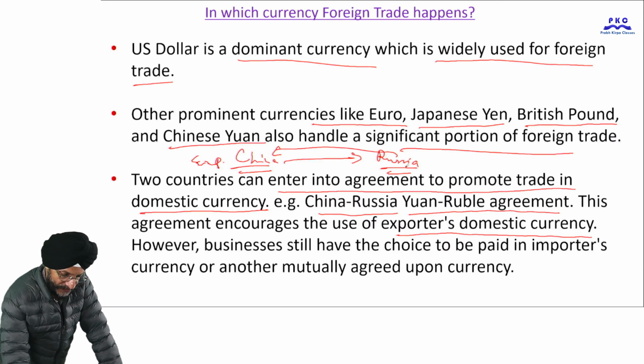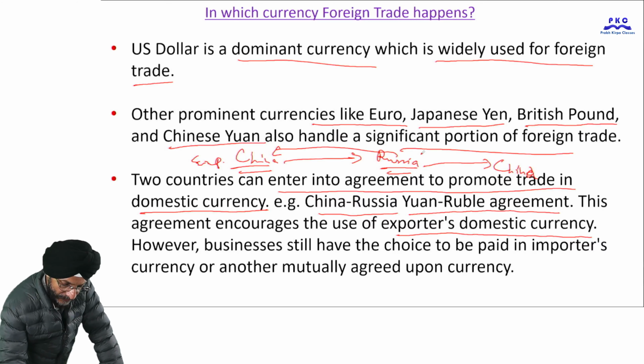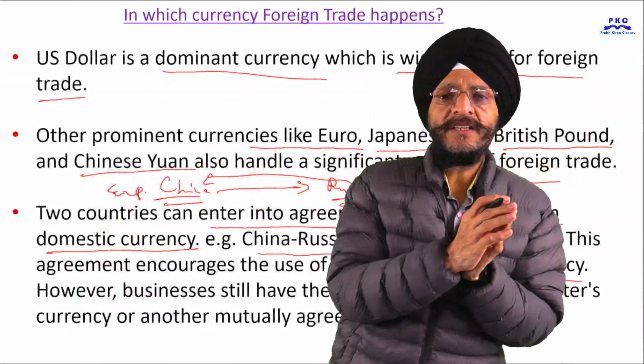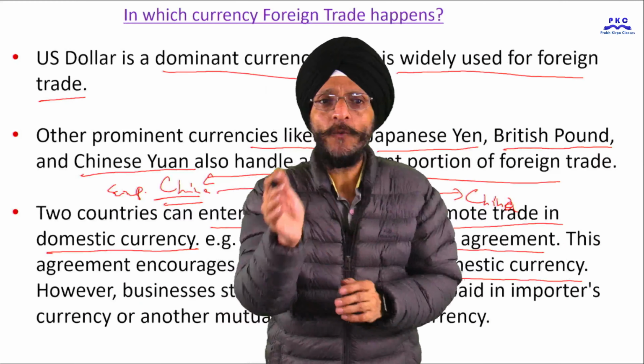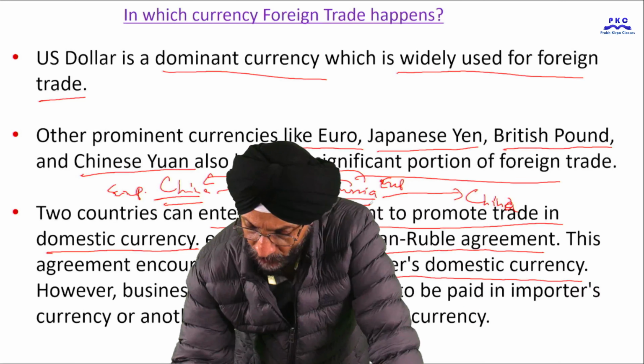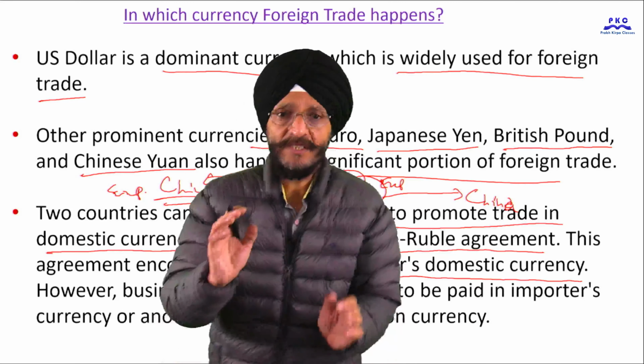If the goods are being sent from Russia to China, and the exporter is Russia, then the businessman from China will have to pay for the import in the form of ruble, that is the currency of Russia.